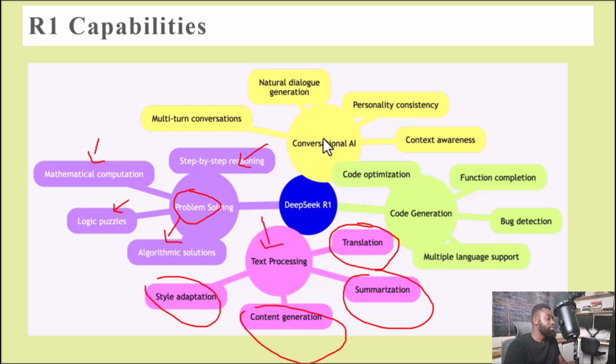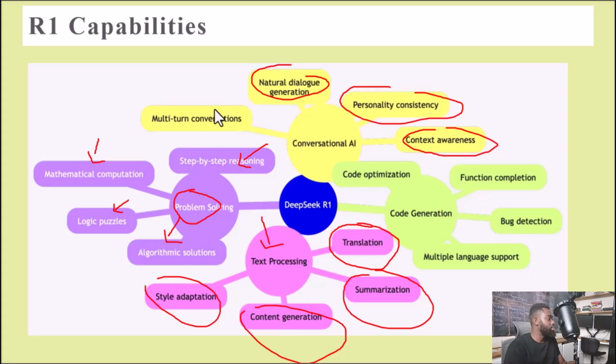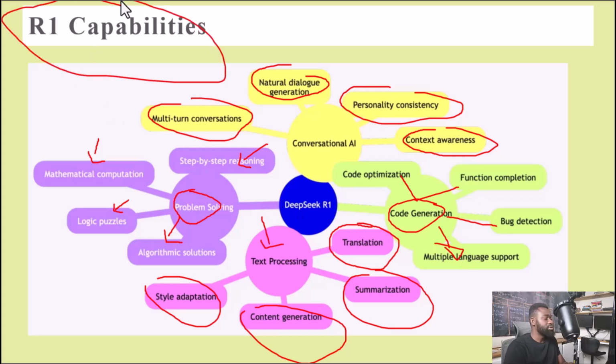Then we have conversational AI, which covers context awareness, personality consistency, natural dialogue generation, and multi-turn conversation. We also have code generation for developers, so you can do code optimization, function completion, bug detection, and multiple language support, which is really good for R1's capability. So this is a really good milestone for DeepSeek.